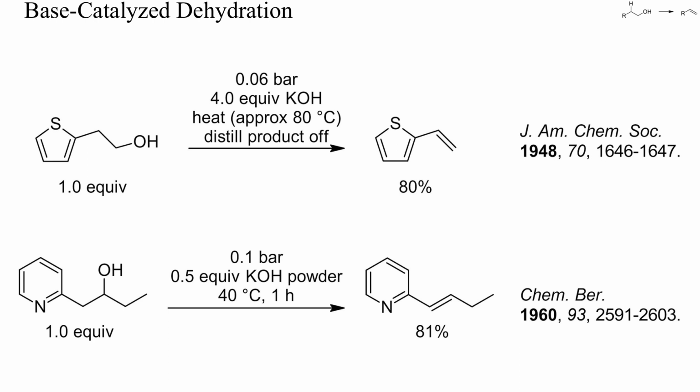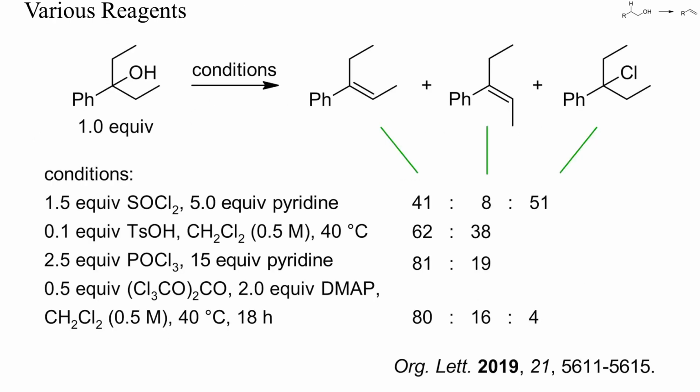In these two examples, elimination of water occurred upon treatment with potassium hydroxide. If you are trying to purify the starting alcohols, partial dehydration may even occur during distillation and may be difficult to suppress. I'll show you now some practical activation strategies to convert alcohols into alkenes in a one-pot reaction.